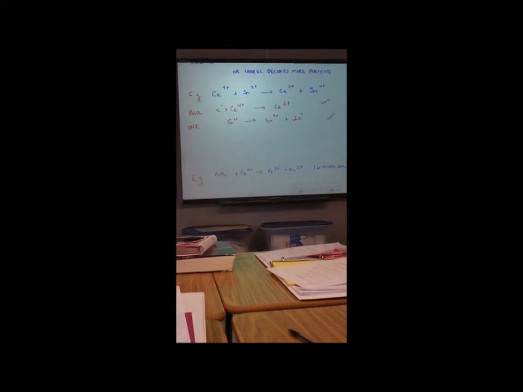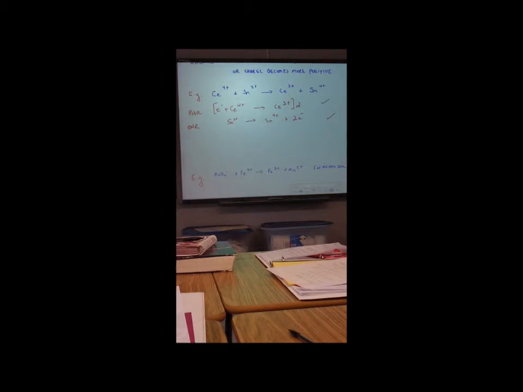Now, I have to add these 2 half reactions together. And the stipulation is, when I'm through adding them together, I can't have any electrons left over. So I have to multiply one or both half reactions by some whole number in order to get rid of or cancel out the electrons.